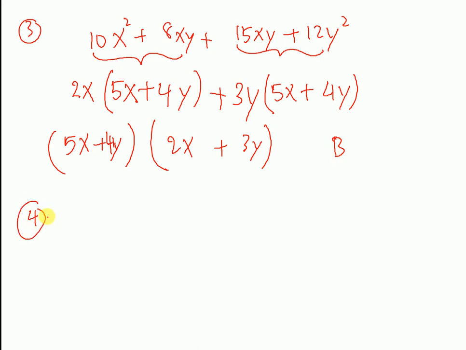Number 4. Again, factor by grouping. So I have 27 minus 3y minus 9p plus yp. Now, you see that the p and the p, so these two terms can go together.